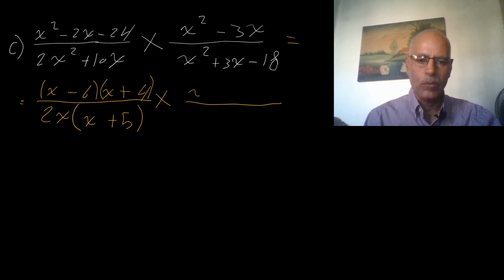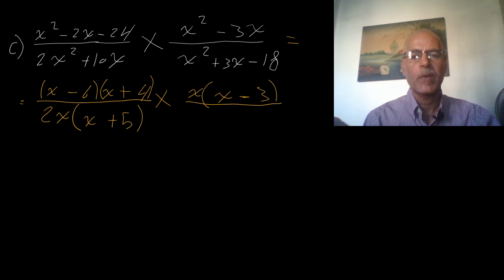Let's take x common. What's the remainder? I divide x power 2 over x, x, minus 3x over x, 3, over x power 2 plus 3x minus 18.